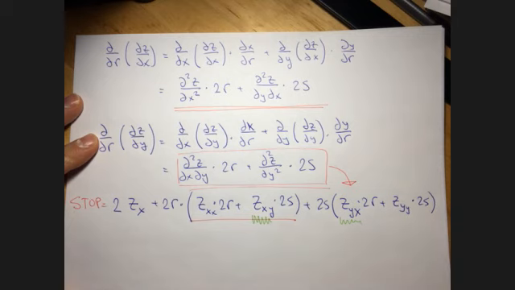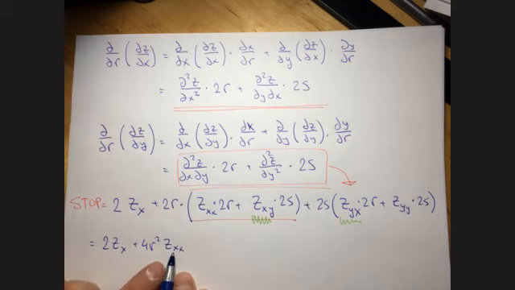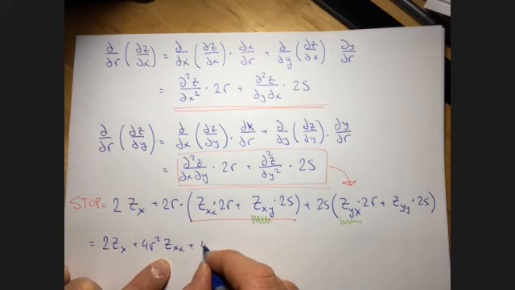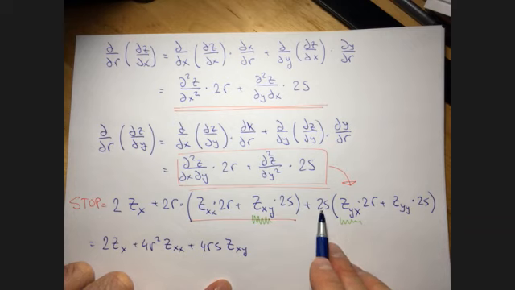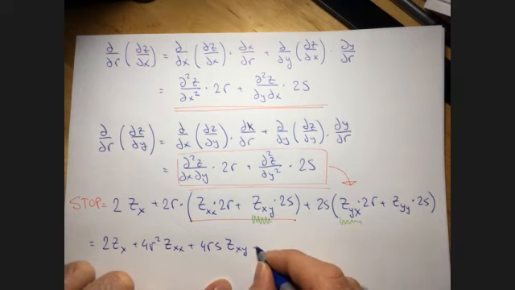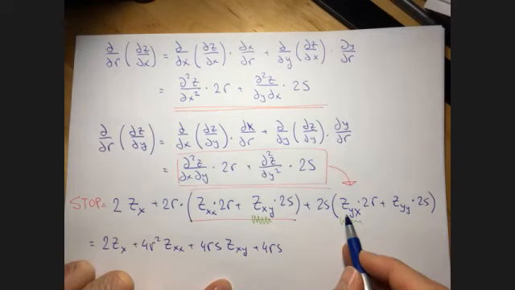Okay, so let's see what we have. 2 times partial x partial z plus 2r times 2r is 4r squared, the second order partial derivative with respect to x twice, plus 2 times 2 is 4rs, the second order mixed derivative. Now I move on, dropping the second parenthesis. 2s times 2r is 4rs.